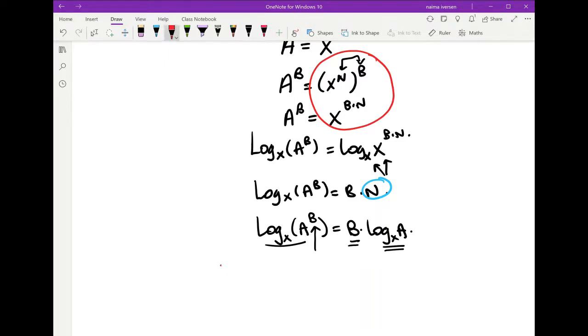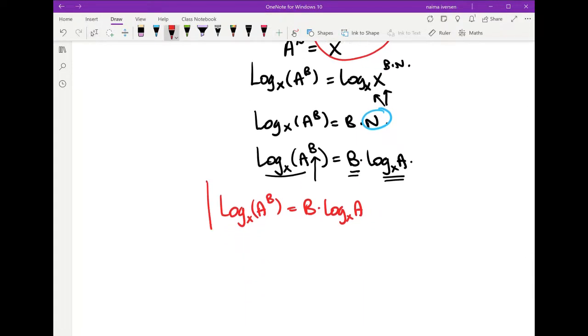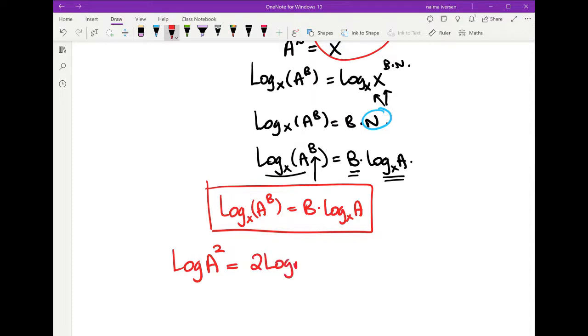So this one, let me just write it out again. Log base x of a to the power of b brings that b down in front times log base x of a. So what this tells us is that if I had log of, for example, a squared, another way of writing it is 2 times log of a.